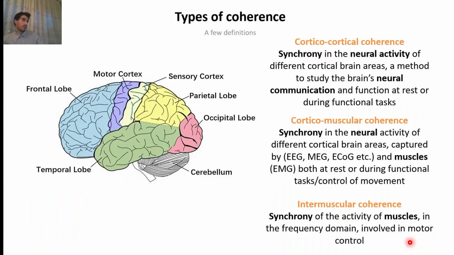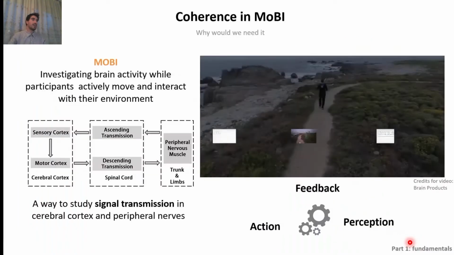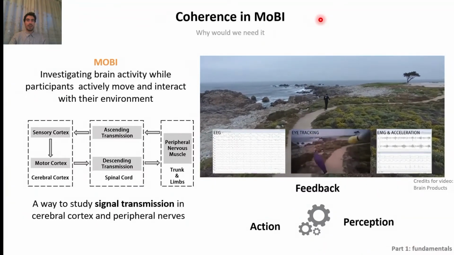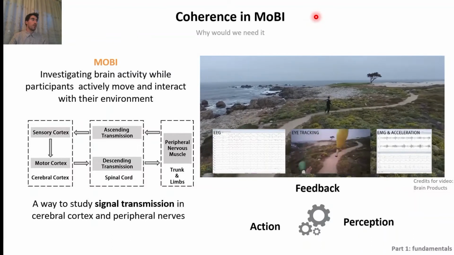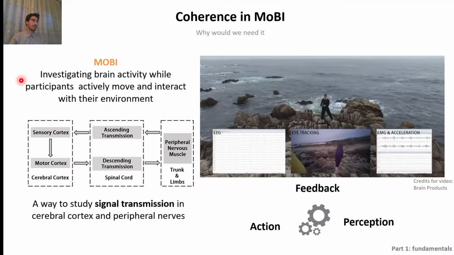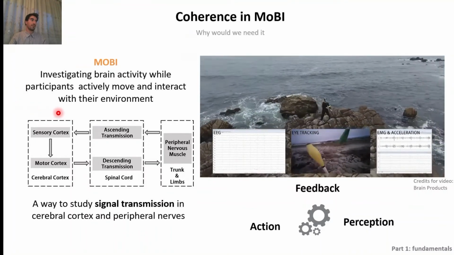Then, of course, let's dive into the reason why we should study coherence. Well, as you know, MoBI means investigating brain activity while participants actively move and interact with the environment.